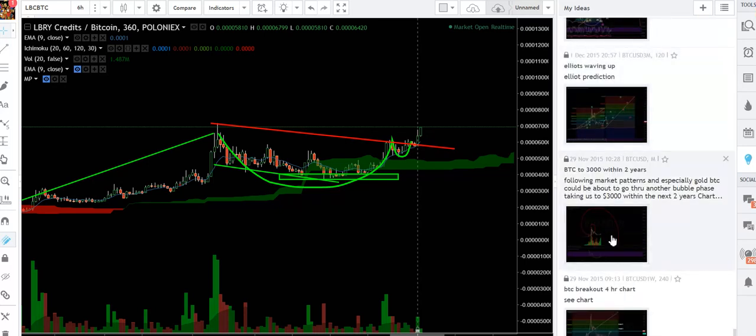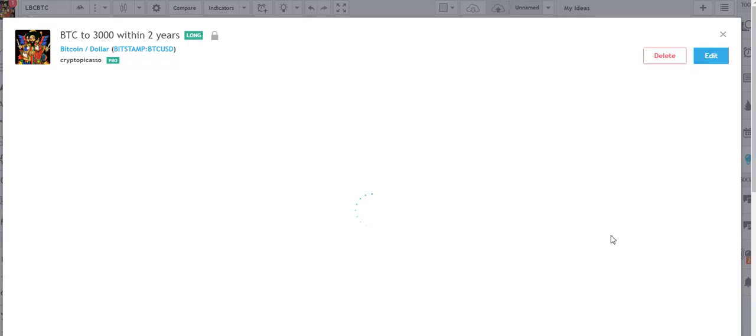Here we go. BTC to $3,000 within 2 years. I made this chart in 2015 when the price was maybe like $300, based on the market psychology.